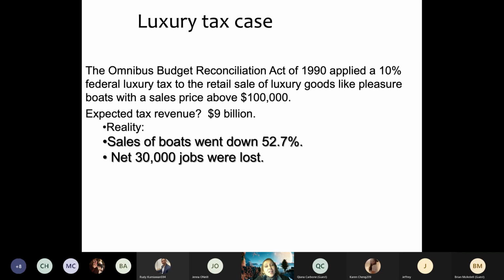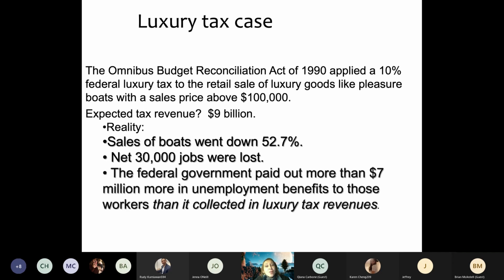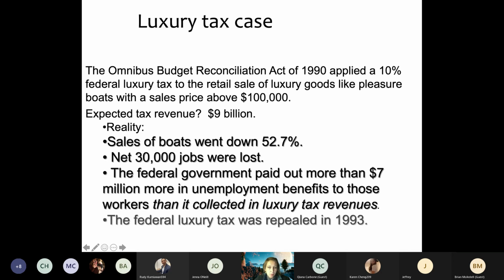I haven't read the story carefully, and I don't know in what industries the jobs were lost. Maybe jobs are projected to increase in the luxury boat service industry. It ended up costing more in unemployment benefits, so the tax was repealed. Not a successful tax.